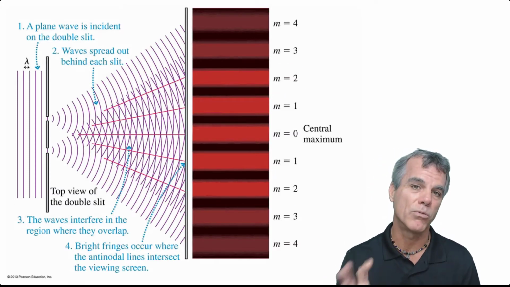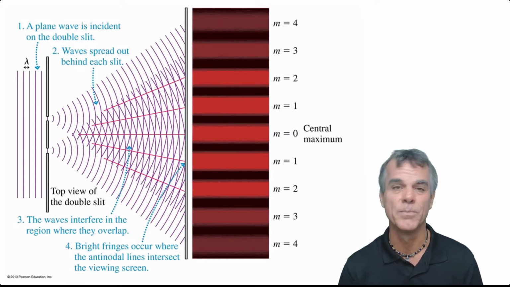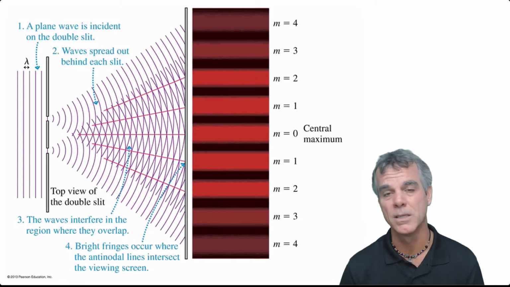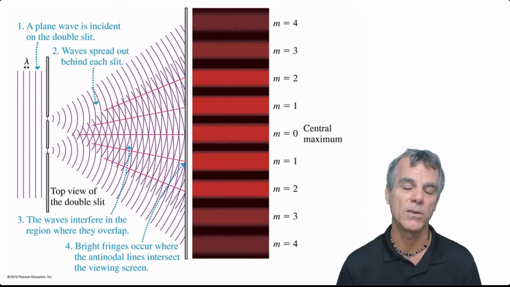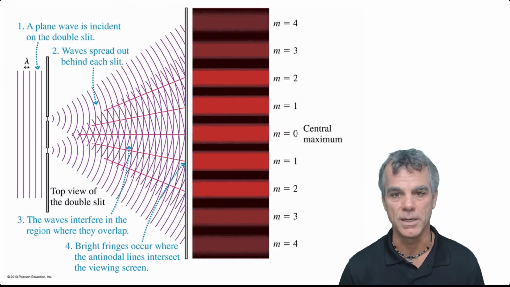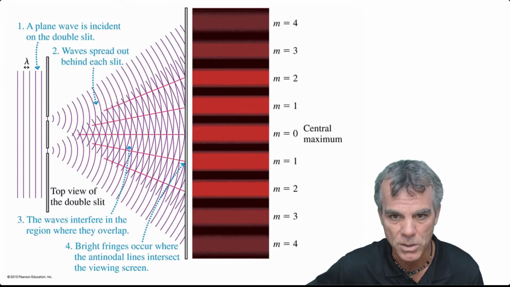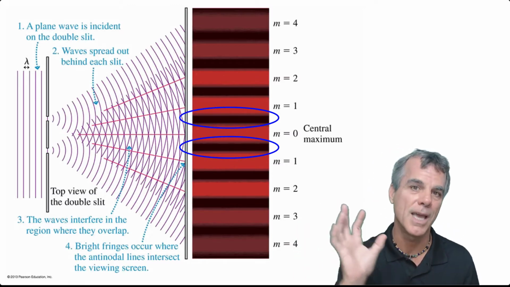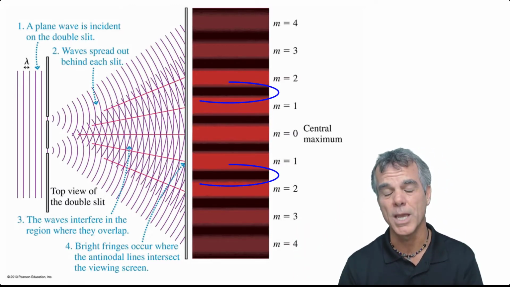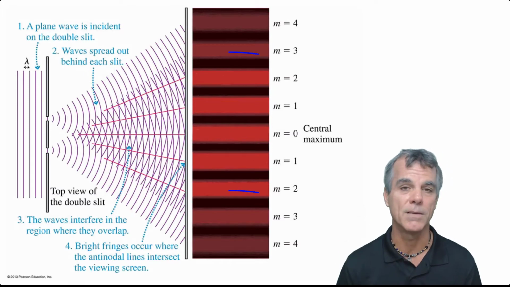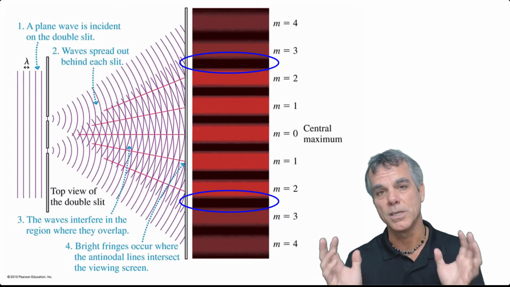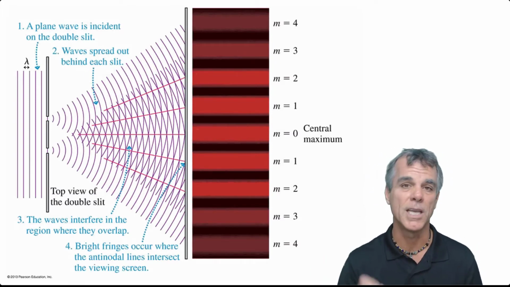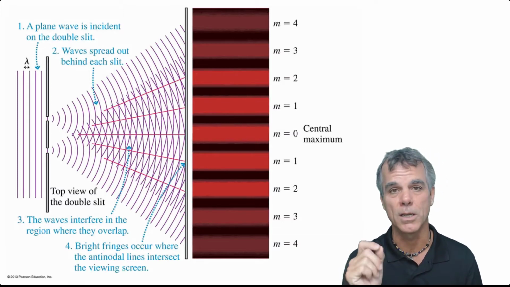And I end up with bright fringes anytime light from one of the slits travels an integer number of wavelengths farther than light from the other slit. And then I will end up with what's called dark fringes when light from one of the slits travels a half a wavelength farther, or 3/2 of a wavelength farther, or 5/2, and so on. That results in fully destructive interference, and we end up with a dark fringe.